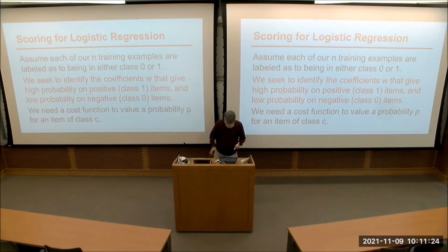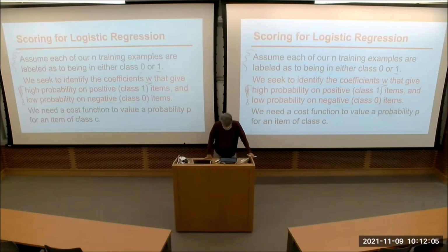Okay? We're going to assume that every training example is either positive or negative. Positive was given a value of 1, negative was given a value of 0. We want to come up with the coefficients W with the property that they give a high probability on positive examples, and a low probability on negative examples.